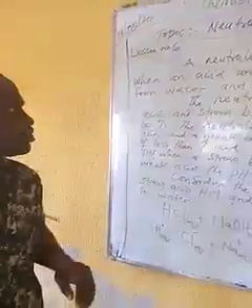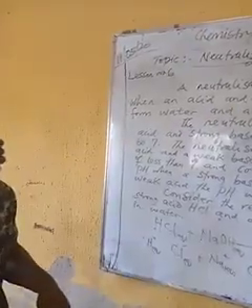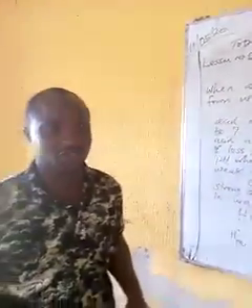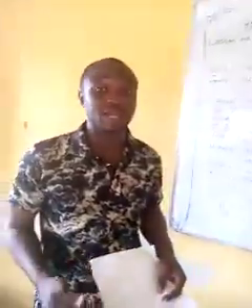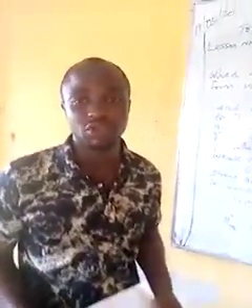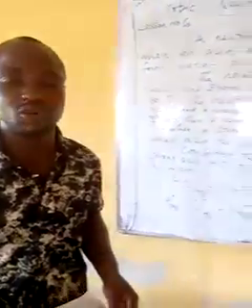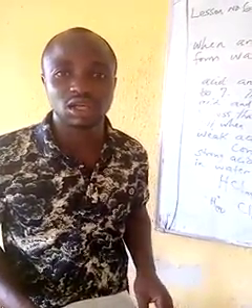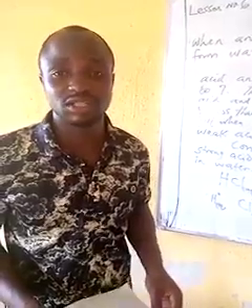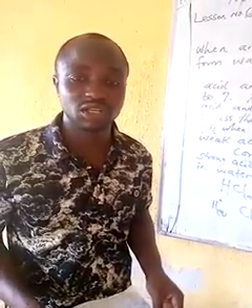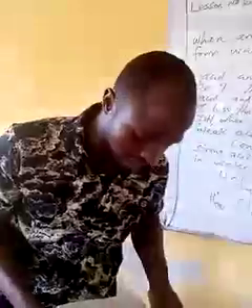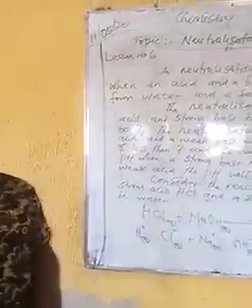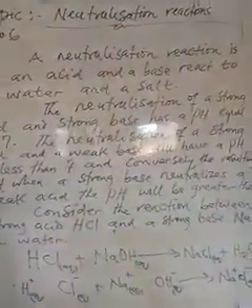Before I explain the topic neutralization reaction, let me recap from our previous lesson. In our previous lesson, we discussed bases and alkalis, where we said bases are chemicals which can neutralize acid and produce salt and water.